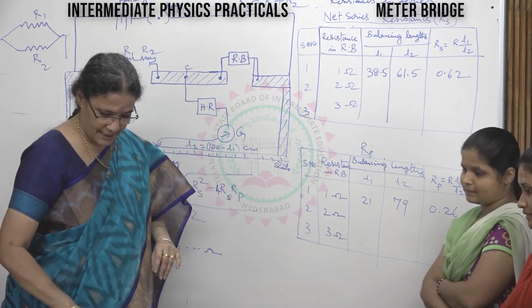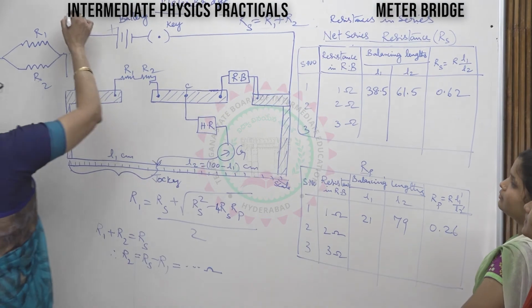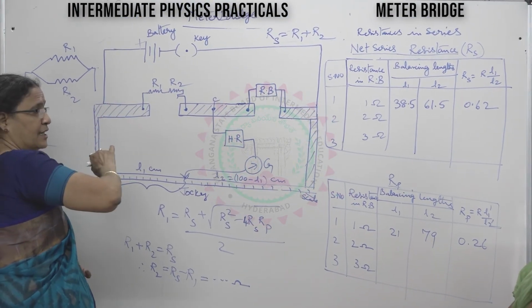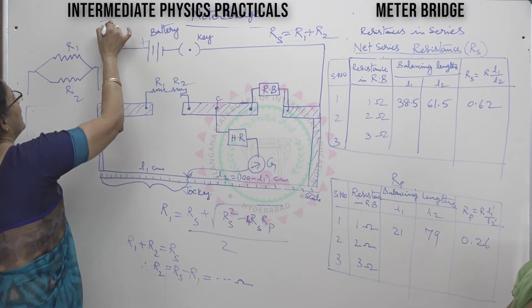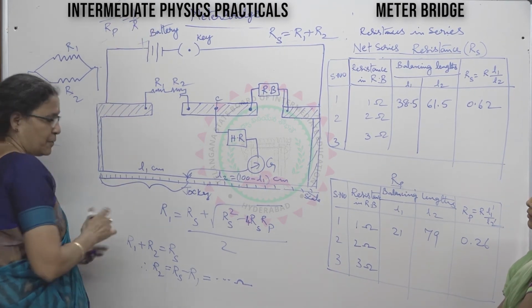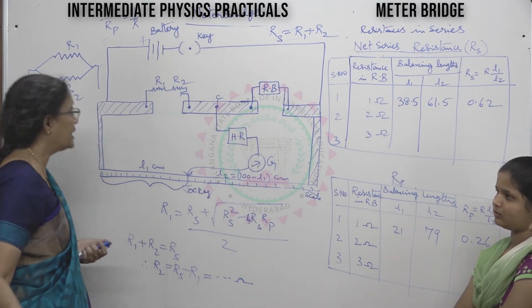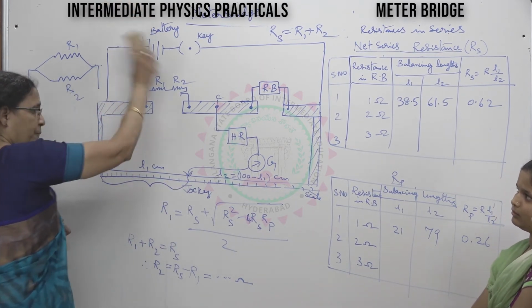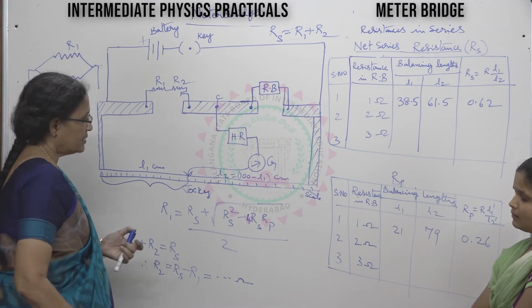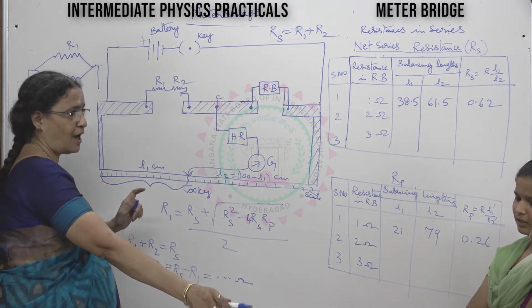Now, what I am getting is RP. How do you get that? When resistors are connected in parallel, 1 by RP is equal to 1 by R1 plus 1 by R2. But you don't go into all these details. That is RP you are getting. Now, our aim is to determine what? R1 and R2.